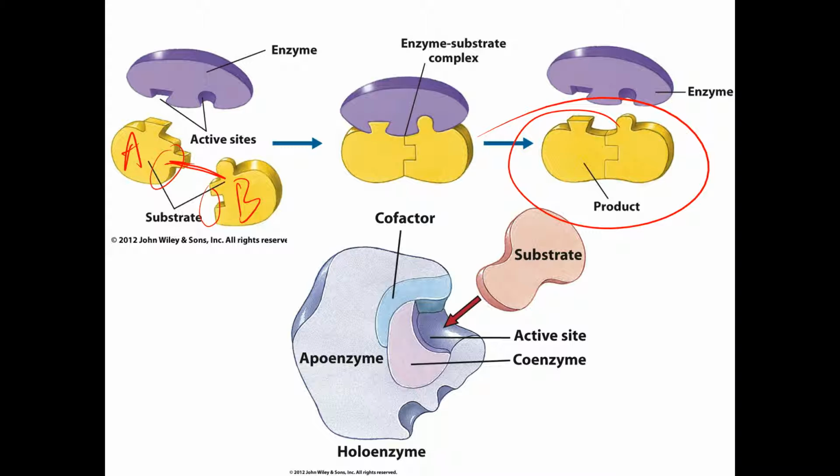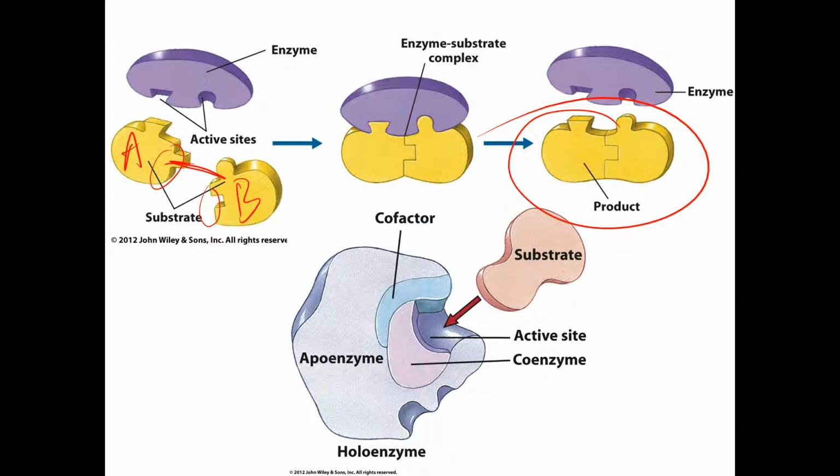They have to come together with the right amount of energy and the right spatial orientation so that they fit, and so the chemical bond that holds them together forms. The enzyme facilitates the process. The enzyme does not participate in the chemical reaction, but it facilitates it. It helps it take place.